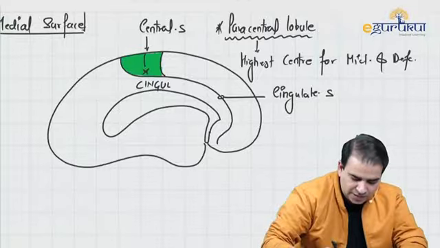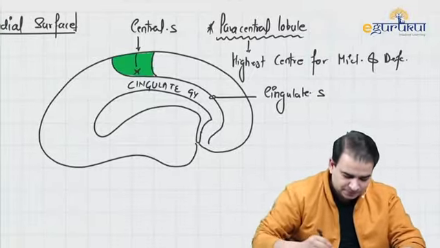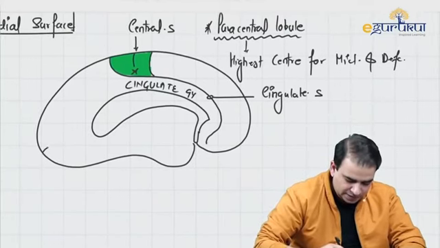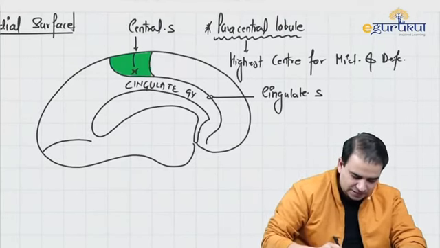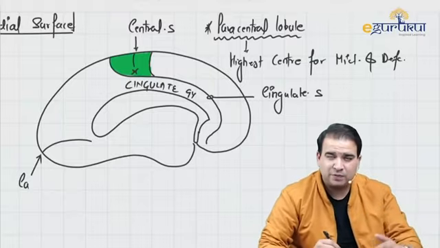This is the cingulate gyrus. Now let us say this here is the calcarine sulcus. You saw the calcarine sulcus on the superolateral surface, but you can see it better from the medial surface.